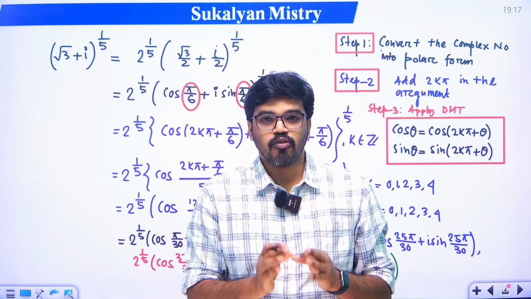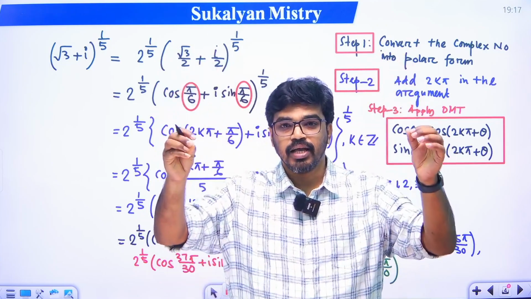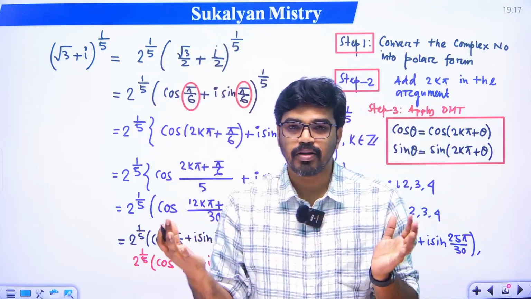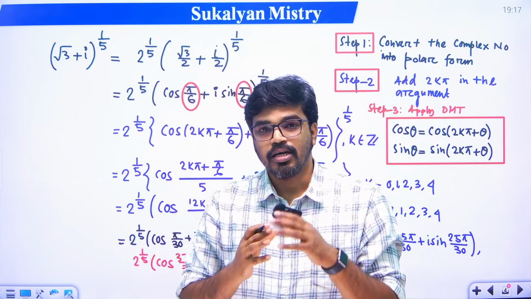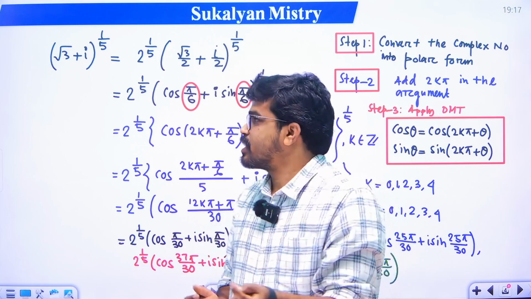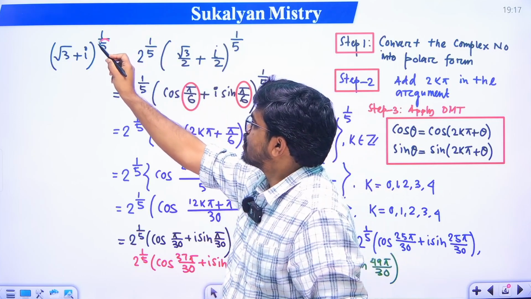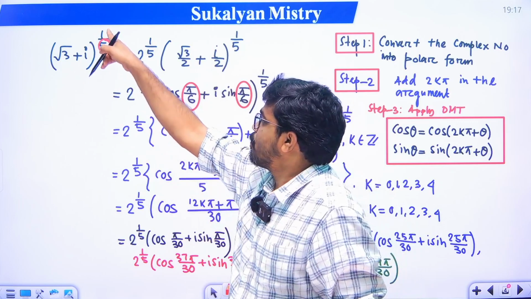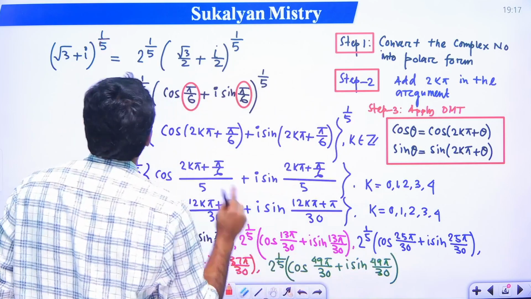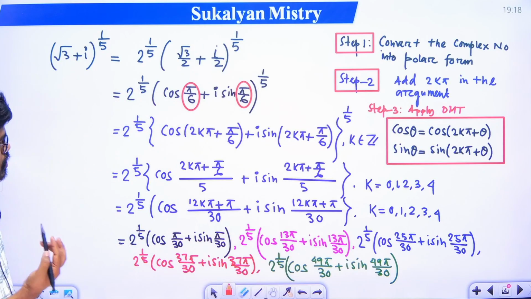Okay, so if n is an integer, the power of any number, whole number, either complex number or real number, if the power is an integer, we get only one answer. But if the power is a fraction p by q, the denominator gives the number of answers. Okay, so this is the concept of de Moivre's theorem.